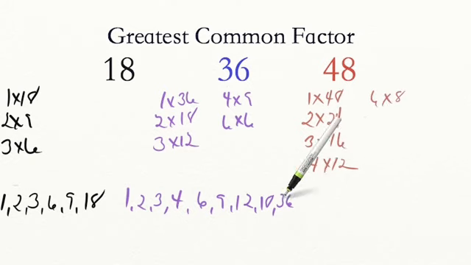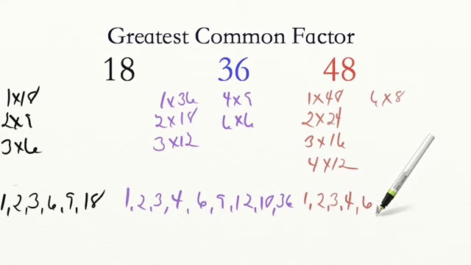All right, let's list the factors out. 1, 2, 3, 4, 6, 8, 12, 16, 24, I'm running out of room, 48. All right, great work.